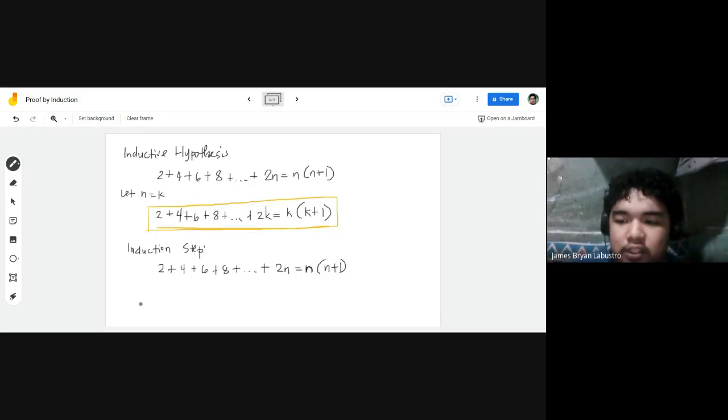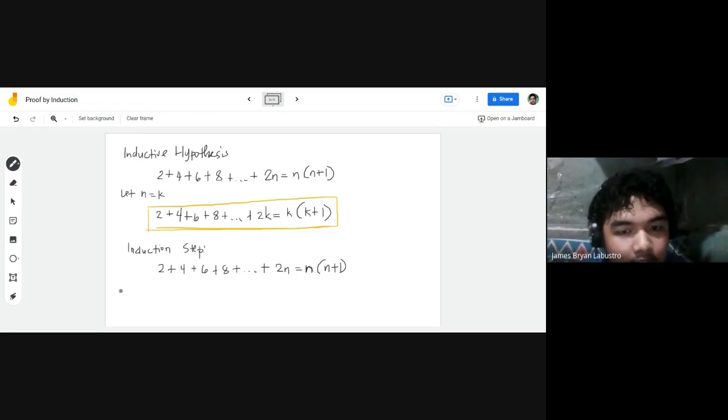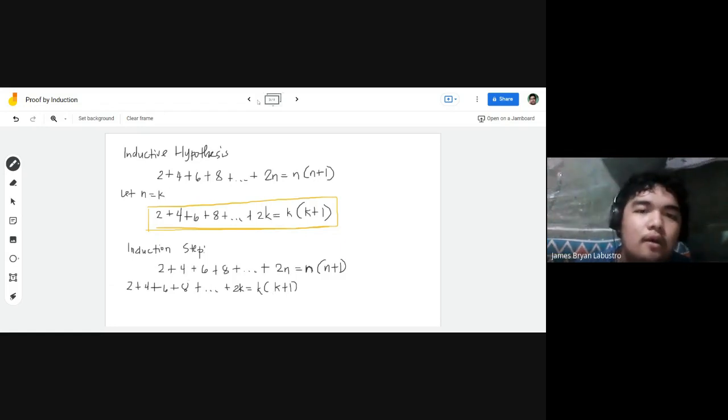So let's insert the inductive hypothesis here. Let n equal k. So it becomes 2 plus 4 plus 6 plus 8 plus and so on plus 2k is equal to k times k plus 1. Now, that is for the inductive hypothesis.